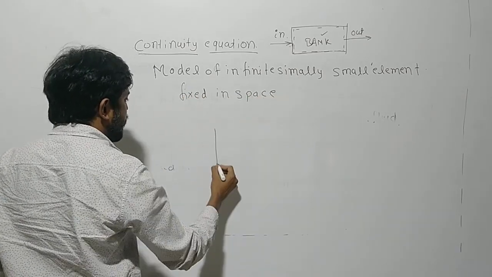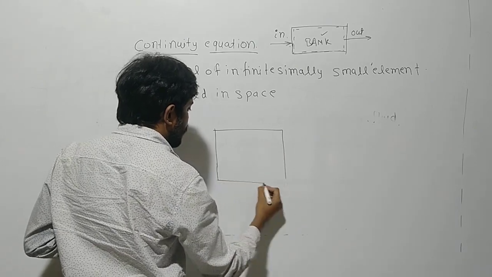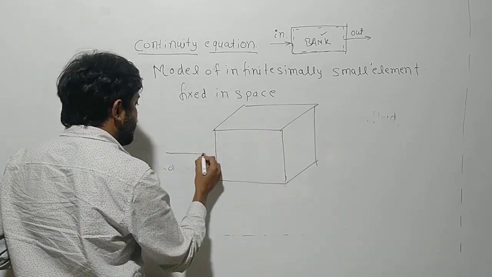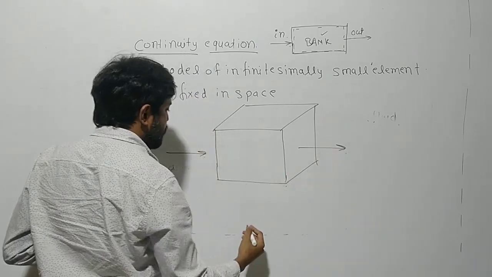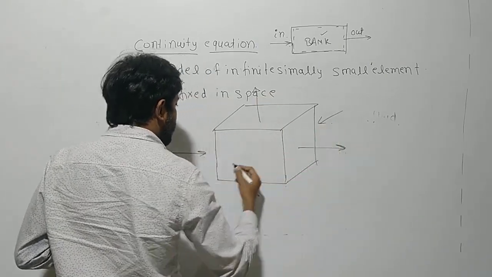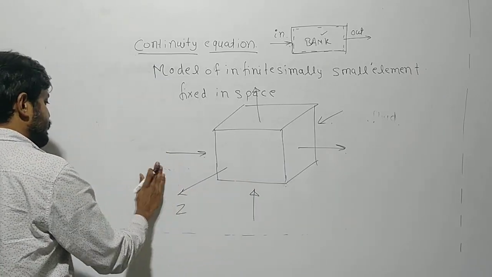This is our control volume, let us assume. In this control volume there will be an inlet and outlet in the x direction, similarly an inlet and outlet in the y direction, and an inlet and outlet in the z direction.